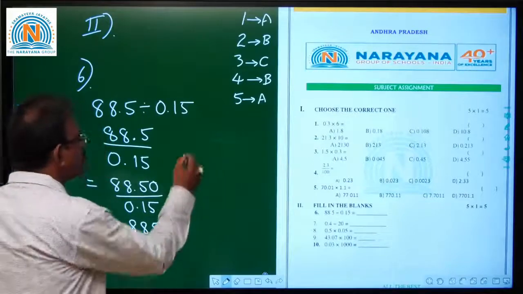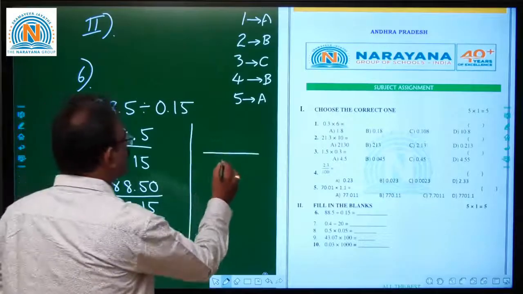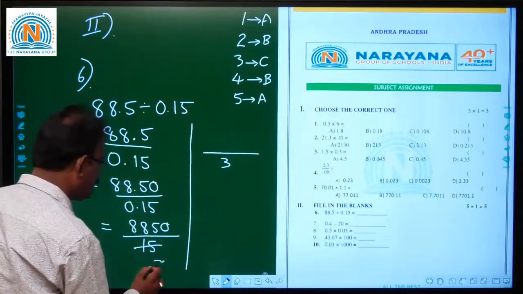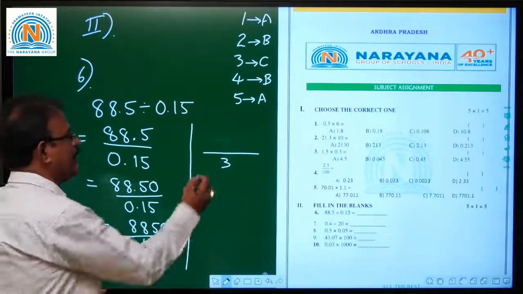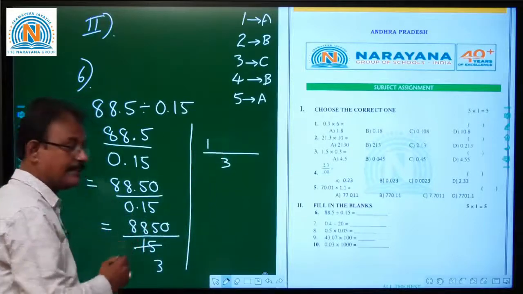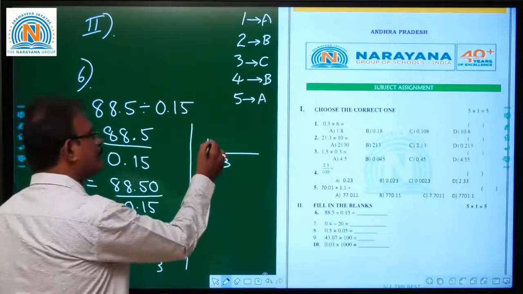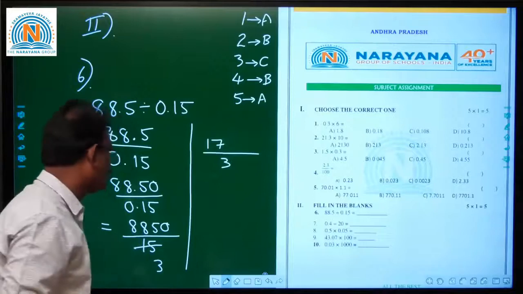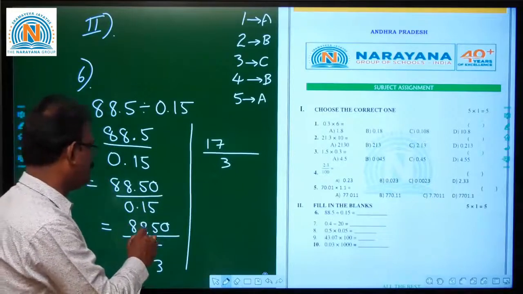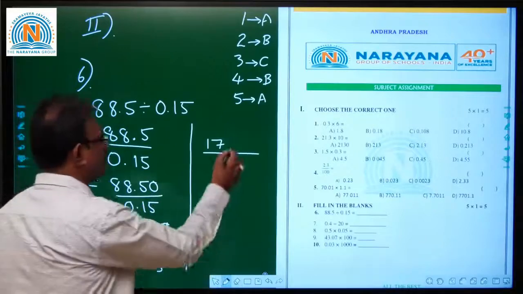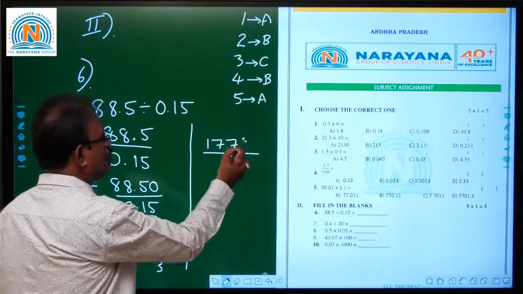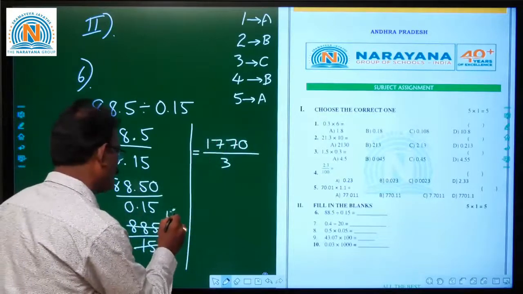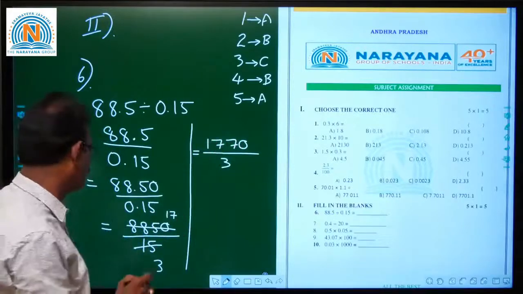So in 15, how many times is it divisible? 3 times. 5 cancelling 15 3 times, and 5 cancelling 8 1 time, remainder 3, 35. 5 sevens are 35, remainder 3, 35. 5 sevens are 35, 0. So this is the cancellation of numerator and denominator with the 5 table.